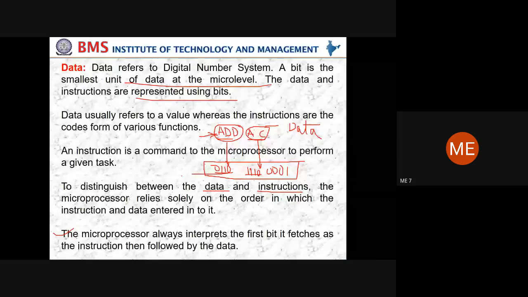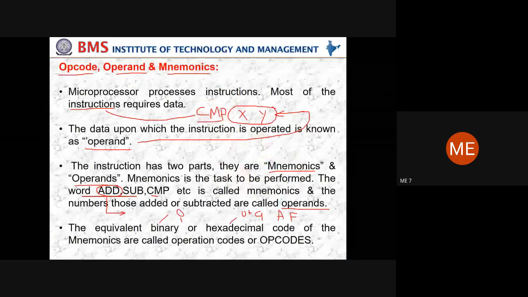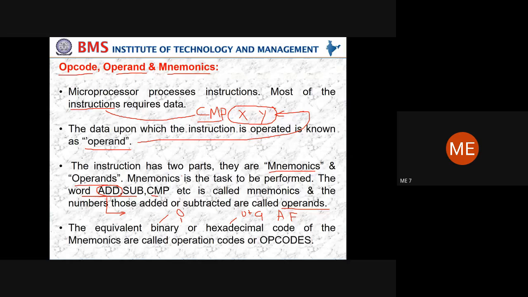The microprocessor understands first the instruction, followed by the data. Then we have opcode, operand, and mnemonics. The data upon which the instruction operates is called the operand. Mnemonics are English-like statements. The opcode is the hexadecimal or binary equivalent of the mnemonic.